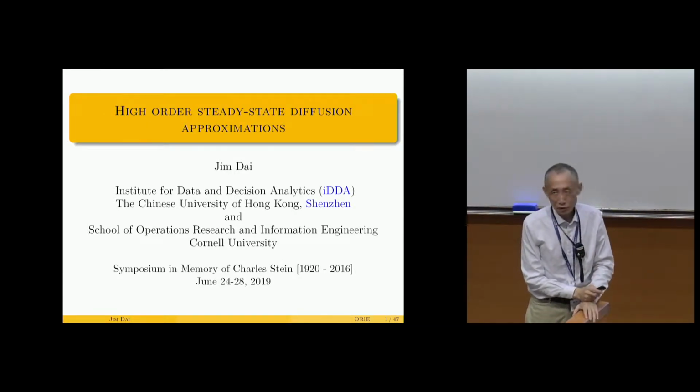My first exposure to the Stein method was in 1986. At the end of 1986, Kai Chen gave me a paper that was something related to Stein. I had no idea what it was, so I read about it.